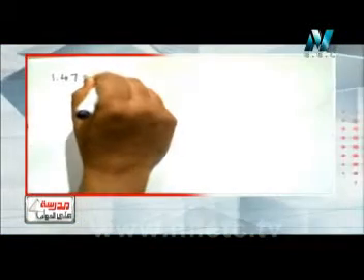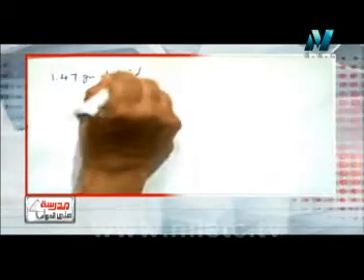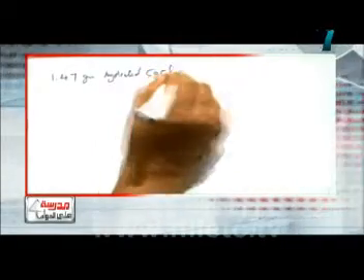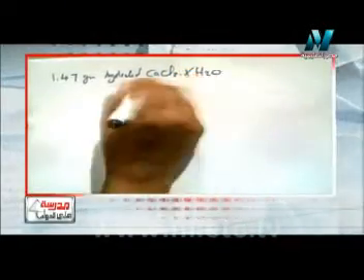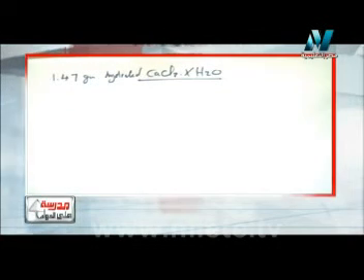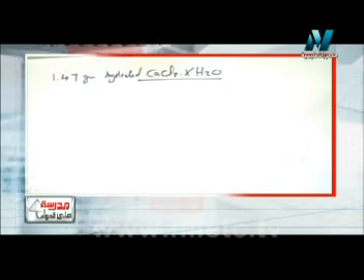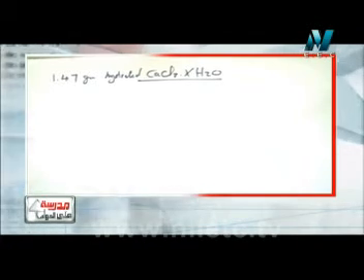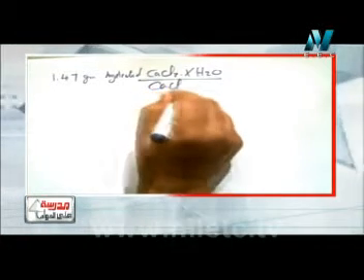Okay. Actually we have a problem which says that a sample of 1.47 gram of hydrated calcium chloride, CaCl2·XH2O, was heated till fixed mass equal to 1.11 gram.